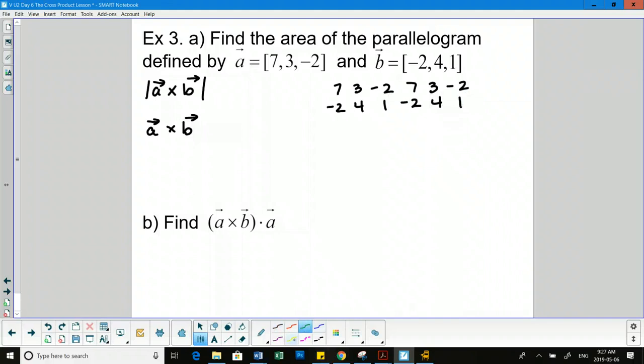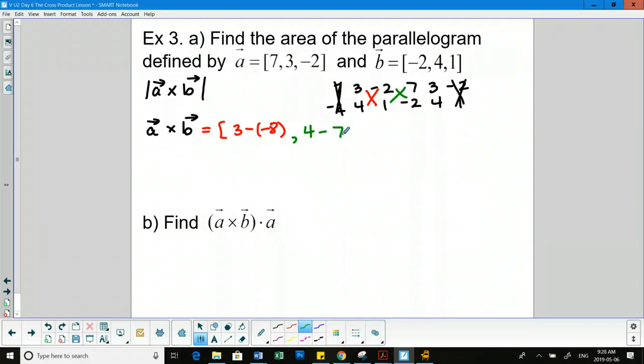Okay, and then like we said before, we're not interested in these ends right here, so we can just cross those out. And we're going to do the cross product here. So we should get 3 times 1 and negative 2 times 4, that's negative 8. I'm doing the multiplications ahead of time now, in my head as I do it.